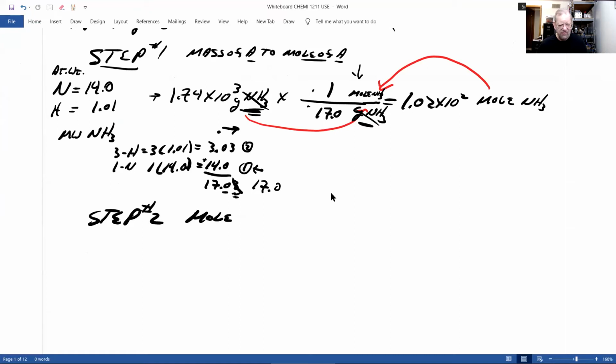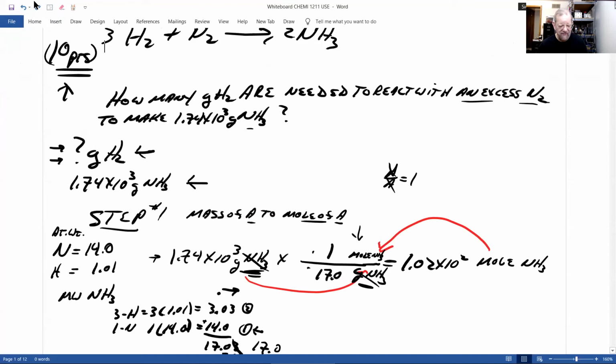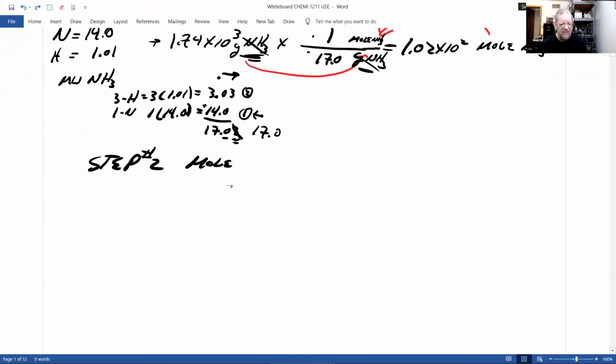moles of A to moles of B. Step 2. Well, we just figured out A is ammonia, and we just figured this out.